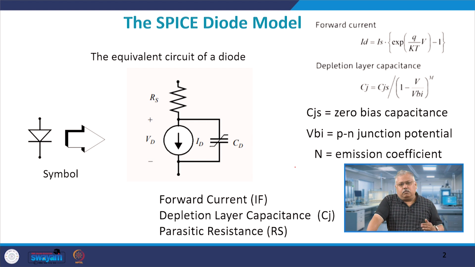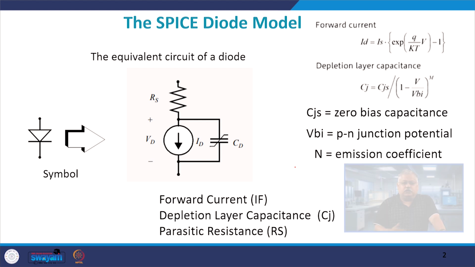We also learned that in the forward bias condition the current is relatively large, which effectively means that the resistance offered by the diode in forward bias is relatively small as compared to that in reverse bias, because in reverse bias the current is very small, so the resistance offered is very large.